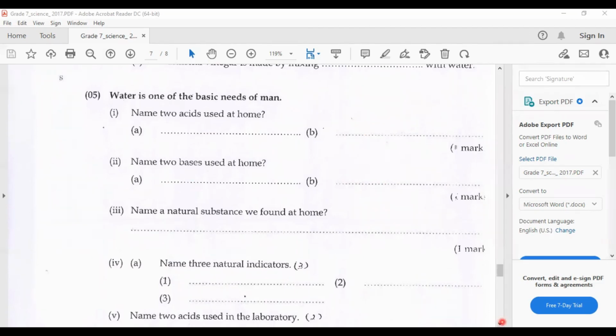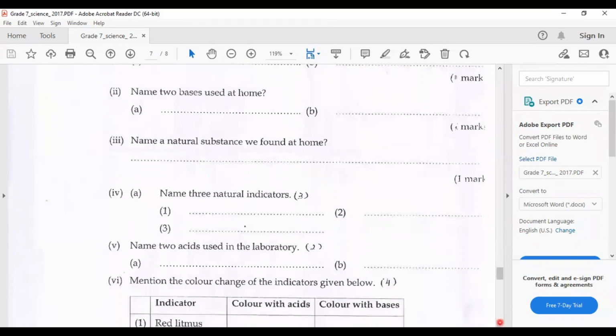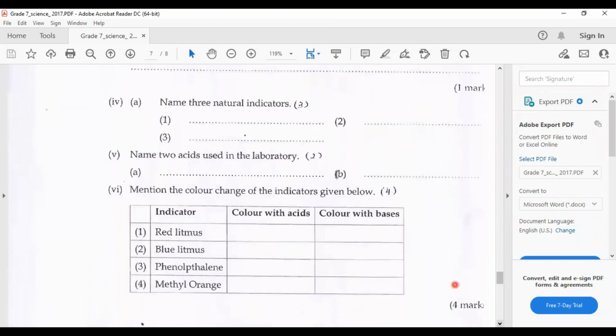Roman number 4, A part. Name 3 natural indicators. Shoe flower boiled water. Extraction of giritilla.